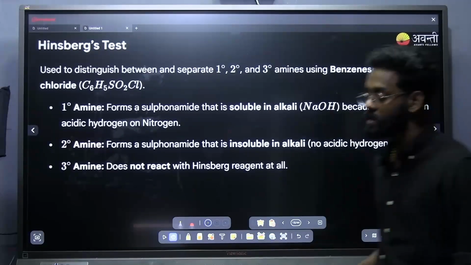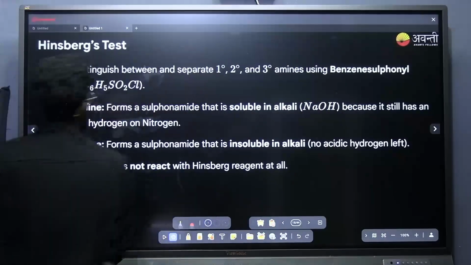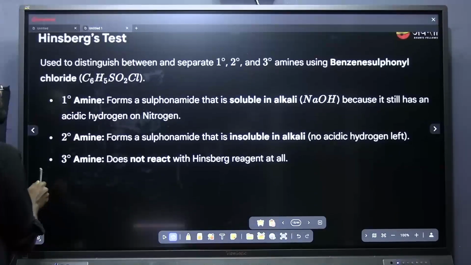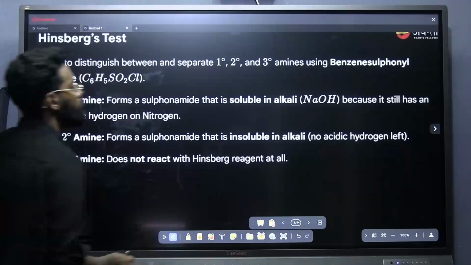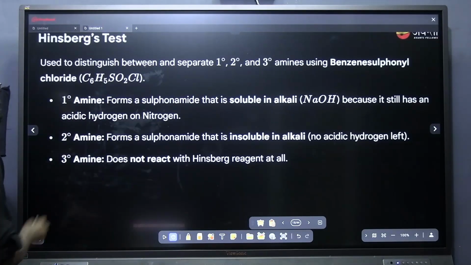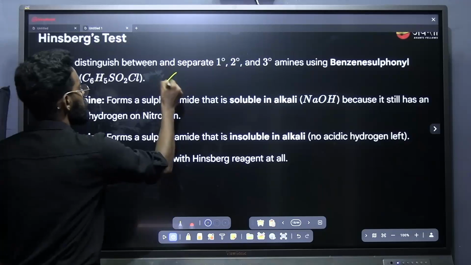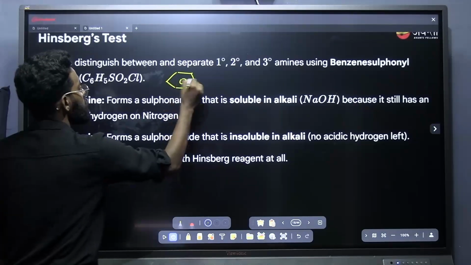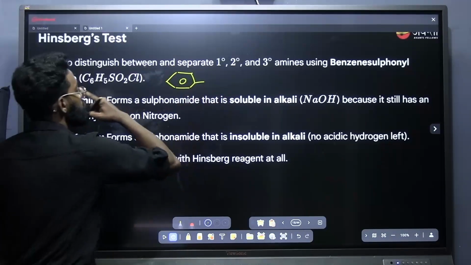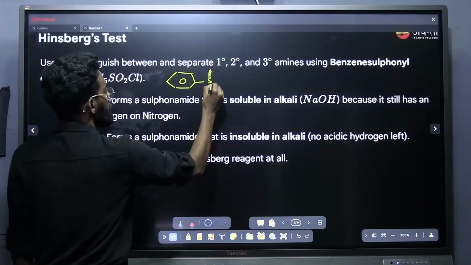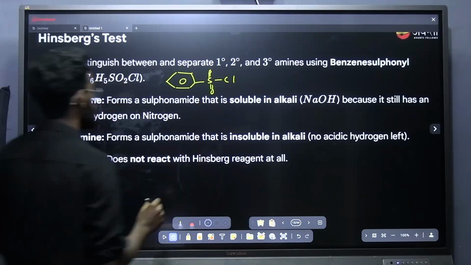Okay. Next one is the Hinsberg test. It is also a test which is used to separate primary, secondary and tertiary amines using benzene sulfonyl chloride, which is C6H5SO2Cl. This is benzene sulfonyl chloride.